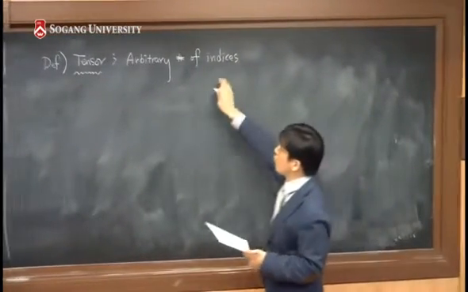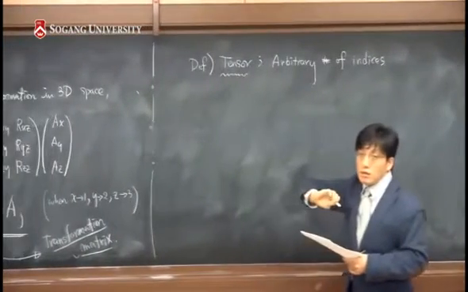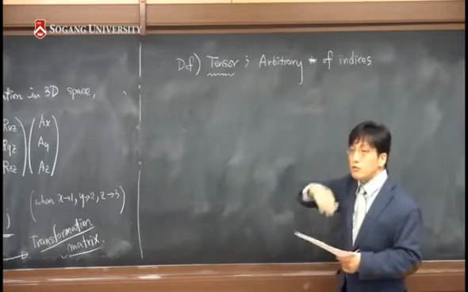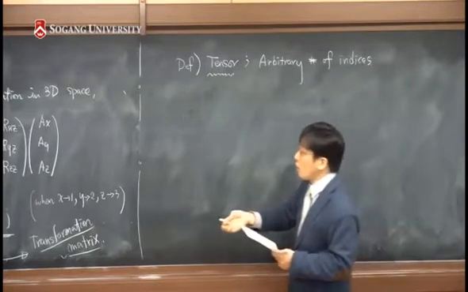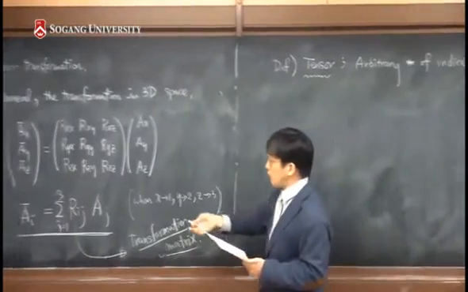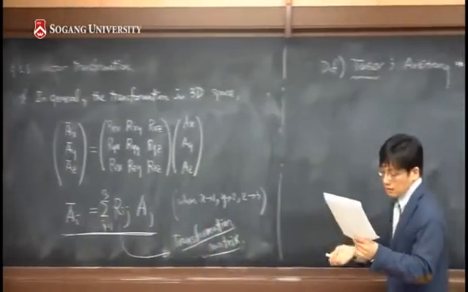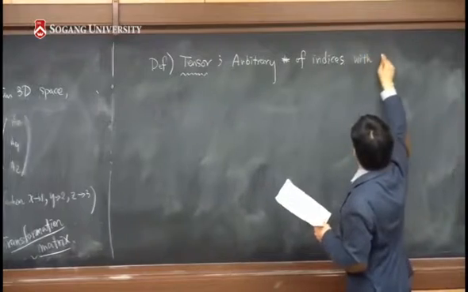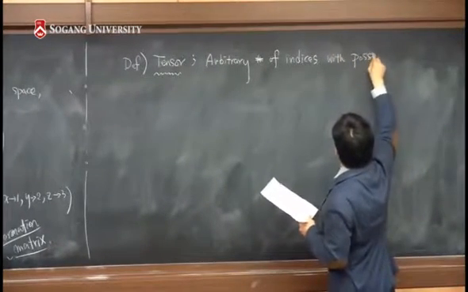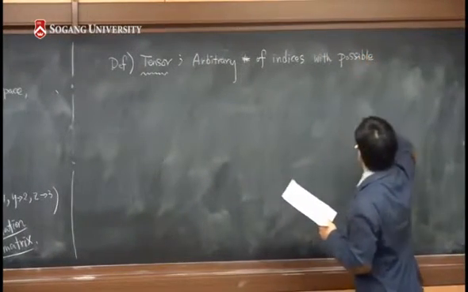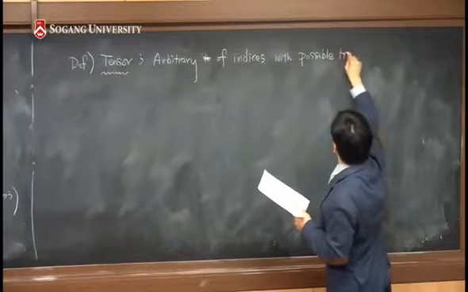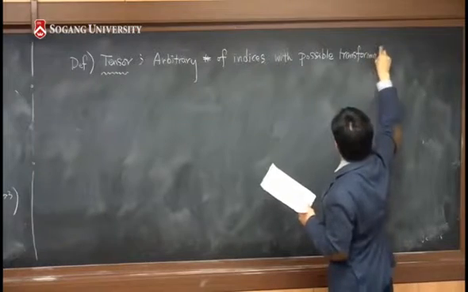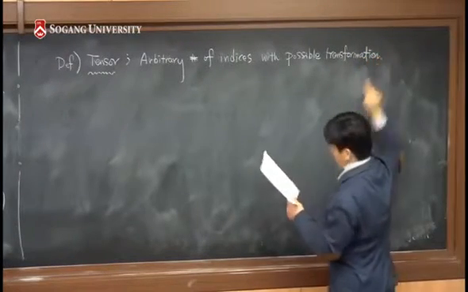And which gives the property of a transformation of the given matrices, all different tensors. Okay?